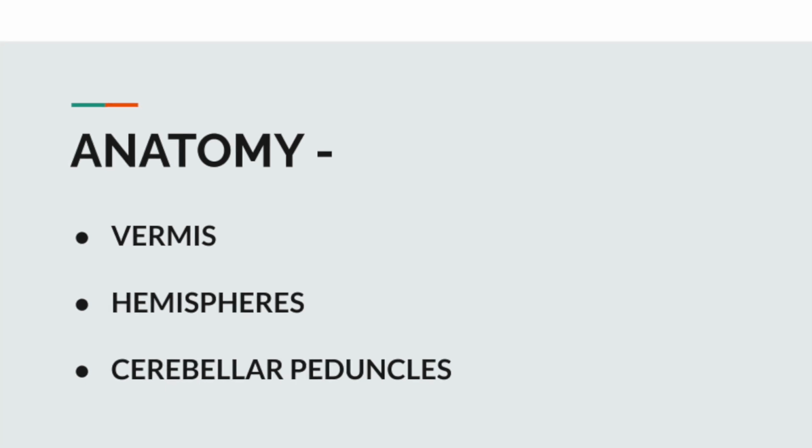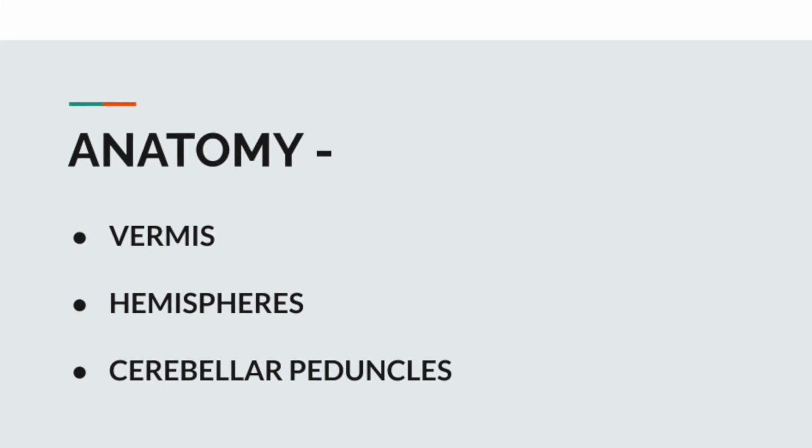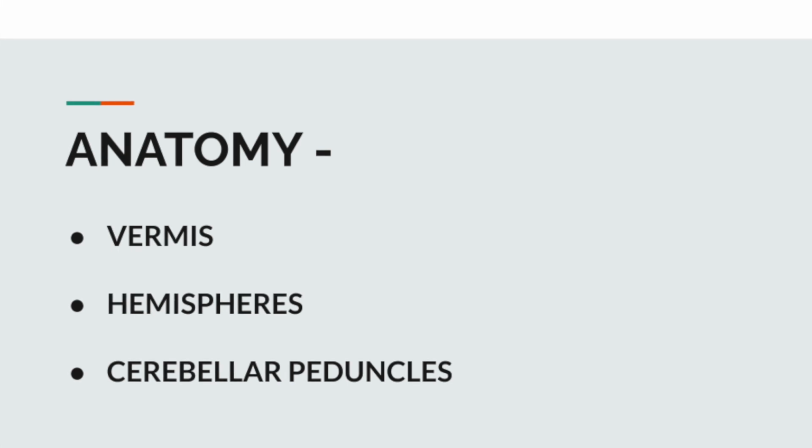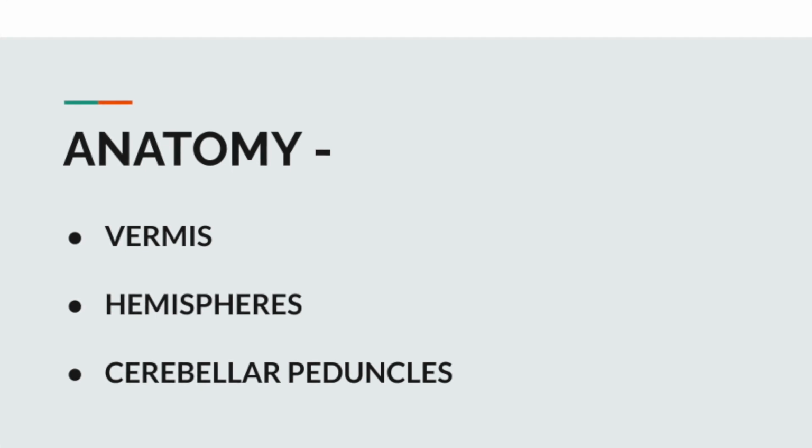Second is hemispheres, the lateral portions of the cerebellum divided into anterior, posterior and flocculonodular lobes, each with specific functional roles. And next is cerebellar peduncles, fiber bundles that connect the cerebellum to other parts of the brainstem, including the superior cerebellar peduncle, which connects to the midbrain, middle cerebellar peduncle, which connects to the pons, and inferior cerebellar peduncle, which connects to the medulla oblongata.